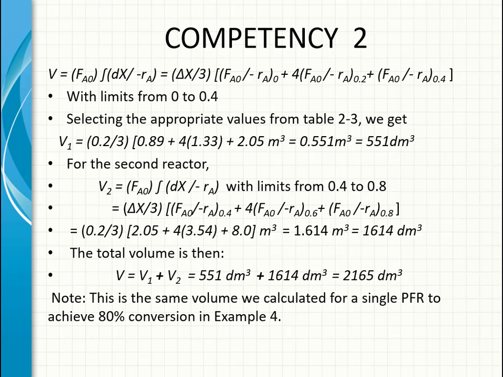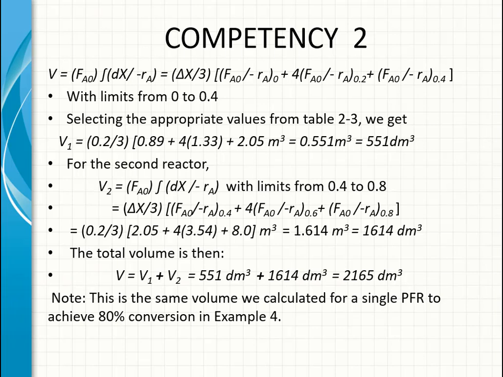So the total volume, which is the sum of these two, is going to be 551 plus 1,614 liters. So this is going to be 2,165 liters, which is the same volume we calculated for a single PFR to achieve 80% conversion in example 4.